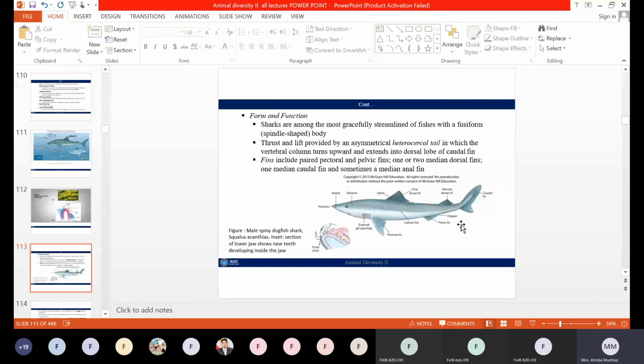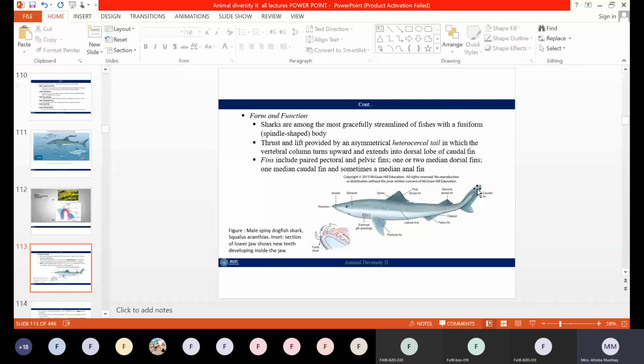So if we talk about its fins, they include pectoral and pelvic fins. Here you can see in this diagram, these are the pectoral fins and pelvic fins. Besides that, there are one or two median fins that represent one or two median dorsal fins, right?